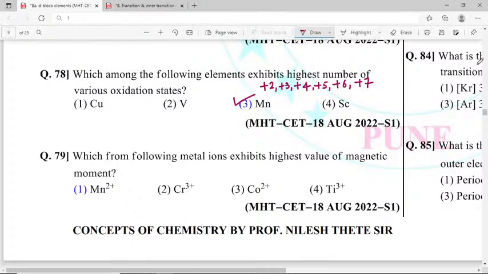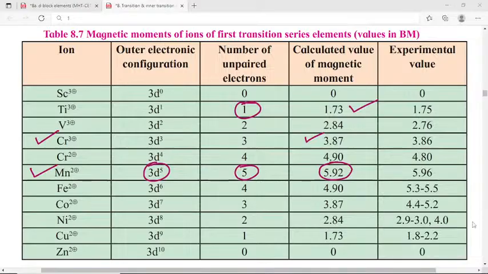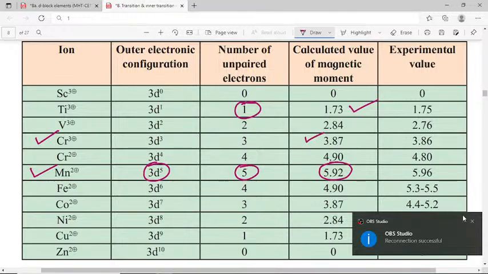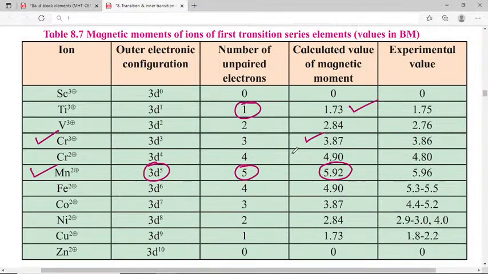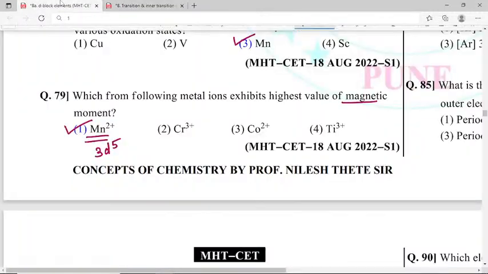Manganese shows different oxidation states because of its 3d5 4s2 configuration. Clear? Next.